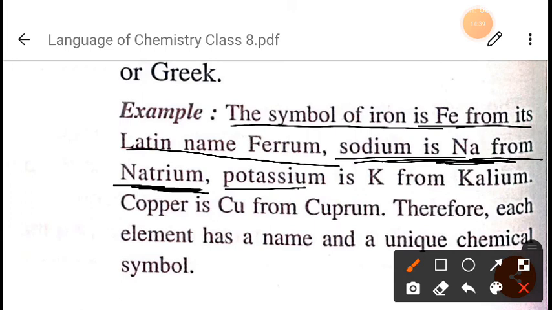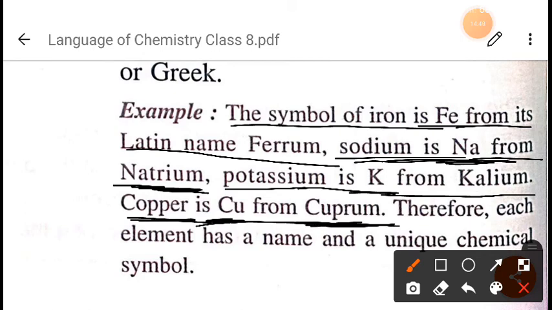Potassium has been given K from kalium. Copper has been given Cu from cuprum. So each element has a name and a unique chemical symbol.